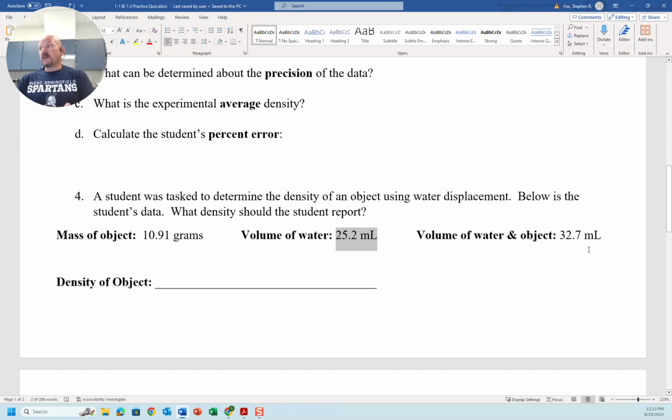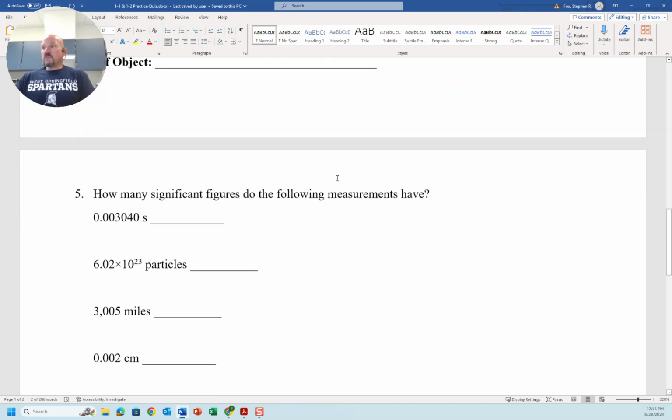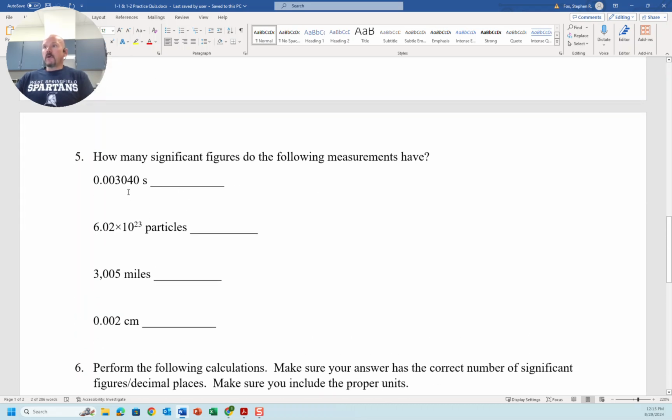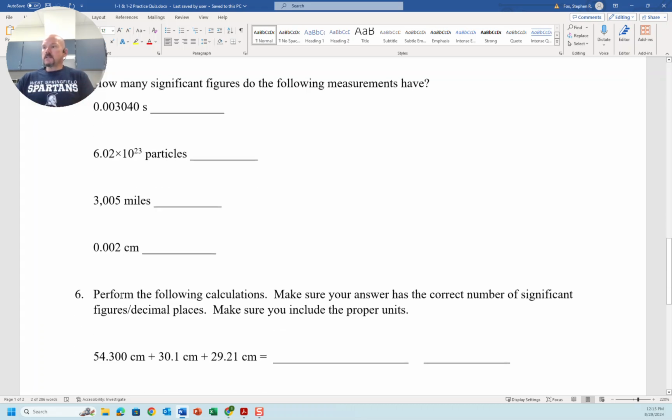The difference between those values would be the volume of the object. And this is where we have to be really careful with sig digs, because when we do the subtraction, we worry about decimal places, but when we do the division to get the density, we worry about significant figures. Okay? So then moving on here in part 5, all we're doing is reporting how many sig digs these measurements have, so that should be really easy.